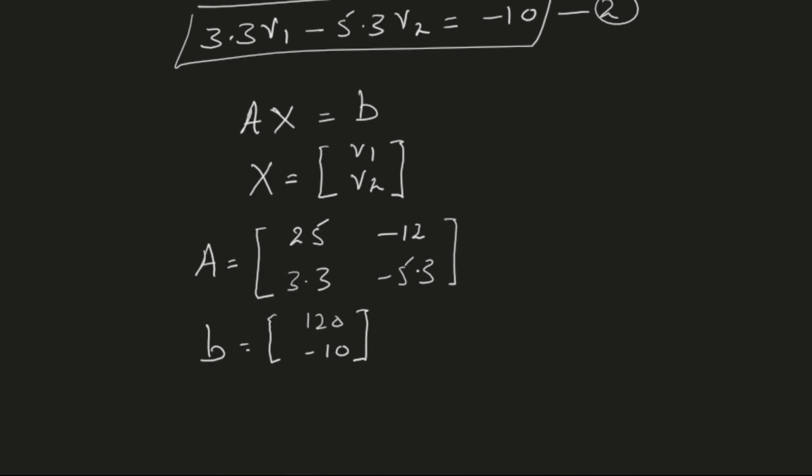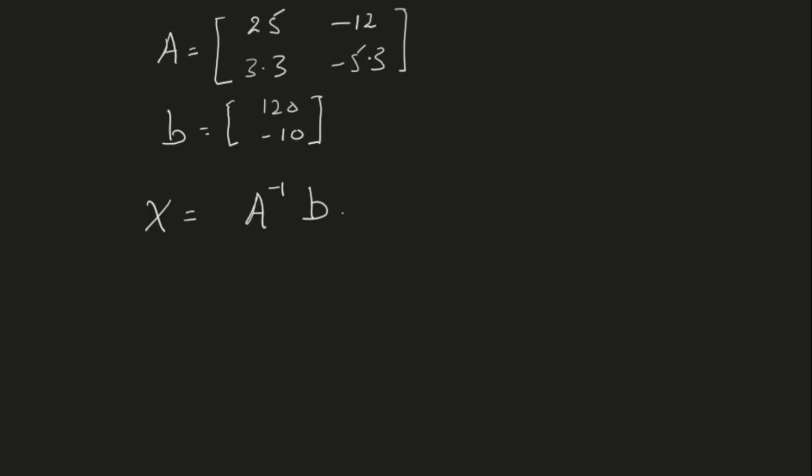With these substitutions in the matrix equation above, we can calculate X. After solving this equation in MATLAB, I get the following values. So V1, the voltage at node 1, is 8.23 volts, and V2 is 7.146.